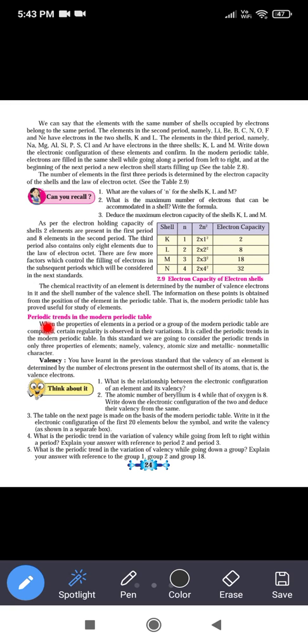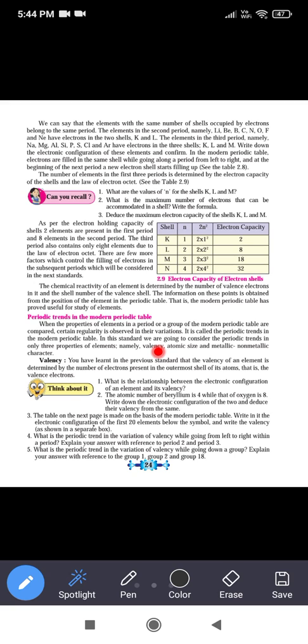The periodic trends in the modern periodic table. Okay, periodic trends. Now we have to observe the periodic trends. When the properties of elements in a period or group of the modern periodic table are compared, certain regularity is observed in their variation. It is called the periodic trend in the modern periodic table.